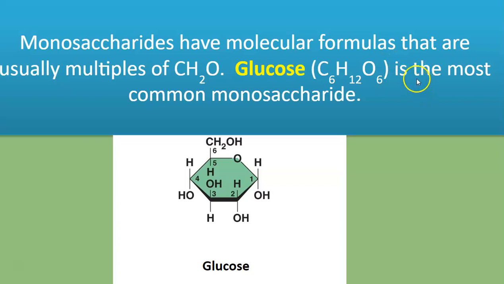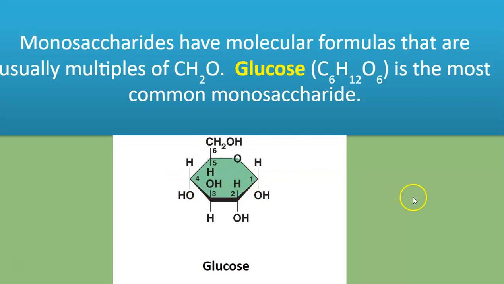So by definition, all carbohydrates are in some multiple of CH2O. Those are the three elements that compose a carbohydrate. You will not see nitrogens. You will not see phosphates. Traditionally, they have this kind of structure here. They don't always have to, and it might be represented in vertical form, but this is the ring structure of a glucose molecule.